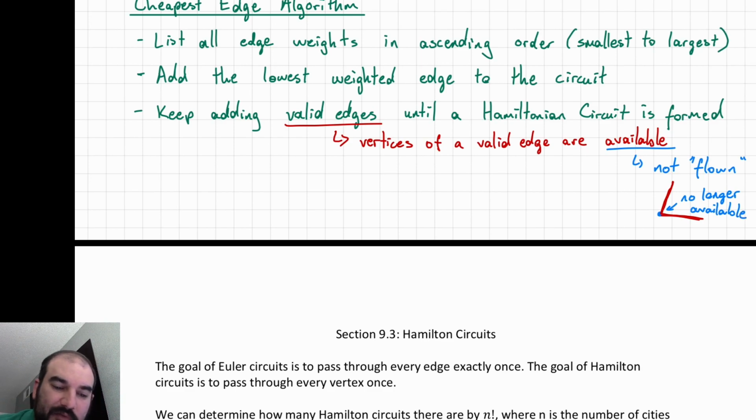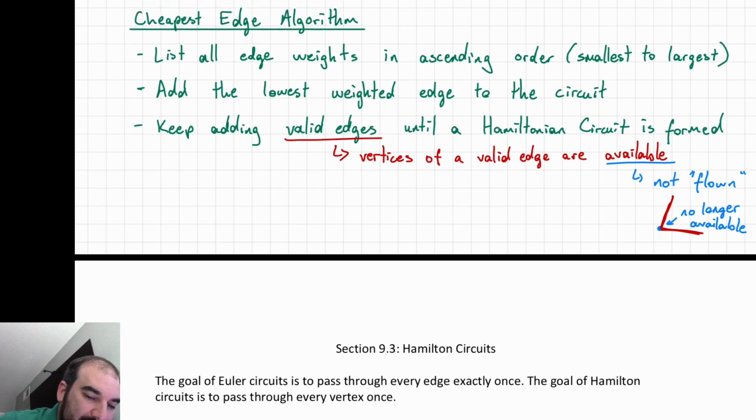I know it seems a little convoluted the way I've described this. I'm trying to be very precise about this definition. In practice, we're going to just add edges to our circuit as long as the two vertices at the endpoints of that edge have not already been used twice.